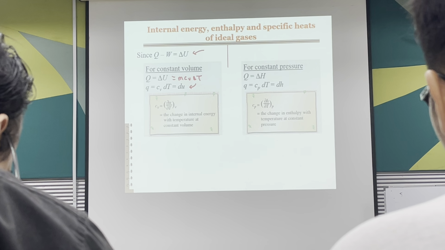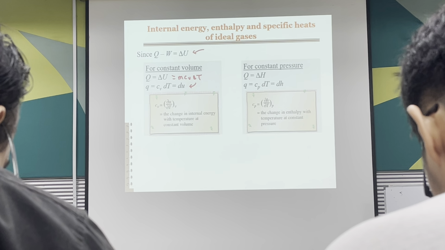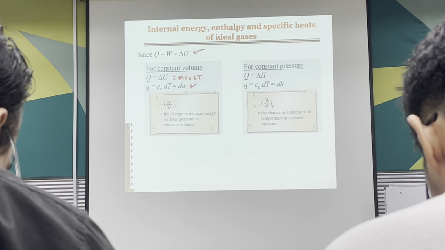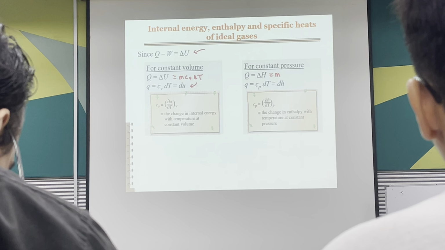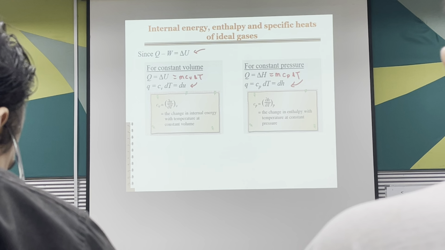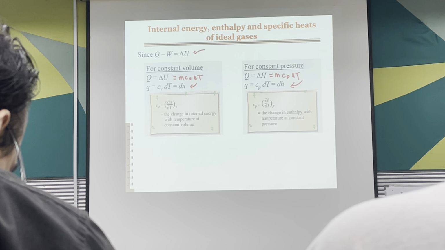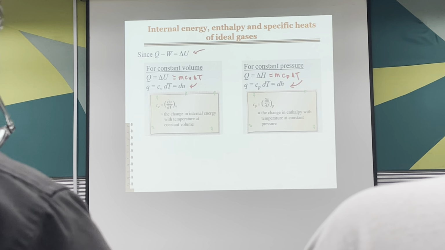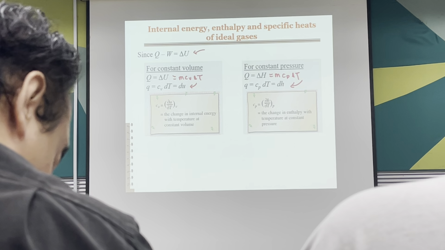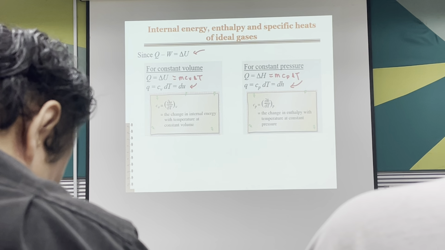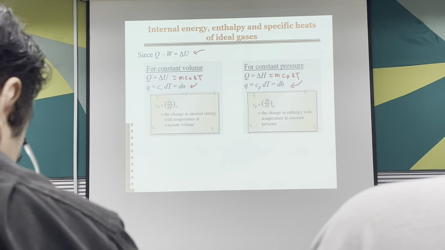And for constant pressure, same thing I mentioned just now: because it is a constant pressure process, you cannot ignore the boundary work, so we move the boundary work over to the other side, and it becomes delta H. So this will be m Cp delta T, and without the m, the small letter one will become Cp delta T. This will be delta H. So when you have Cv delta T, we are talking about the change in internal energy, while when we are talking about Cp delta T, we are talking about the change in enthalpy.